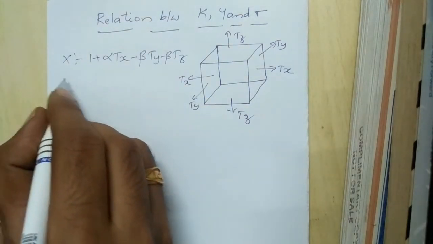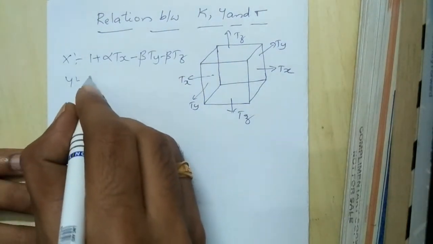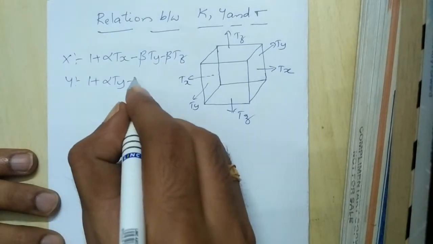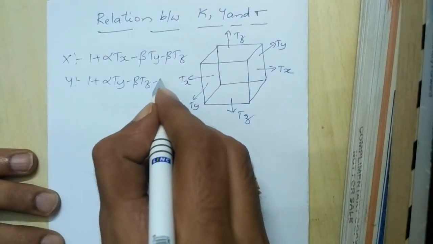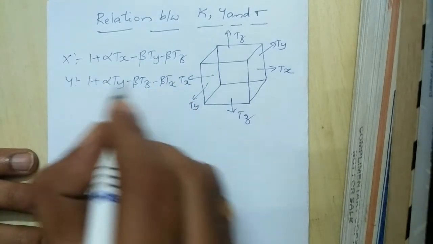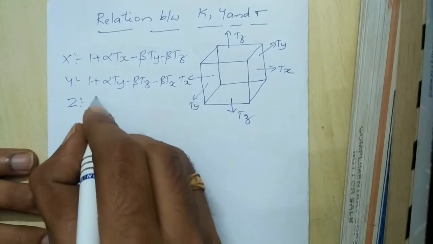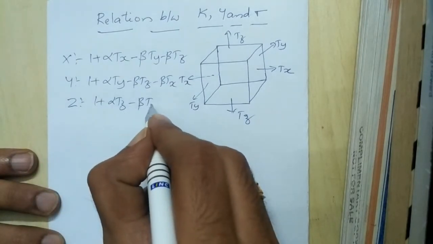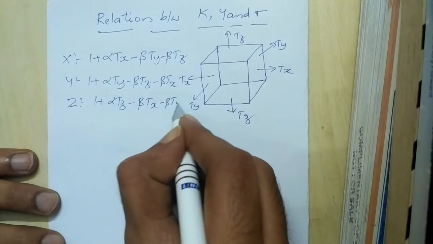And along the y-axis, the length changes to 1 plus alpha Ty minus beta Tz minus beta Tx. And along the z direction, 1 plus alpha Tz minus beta Tx minus beta Ty.